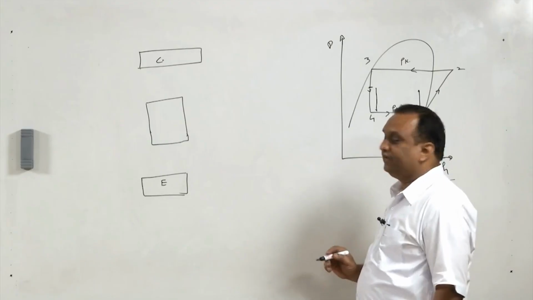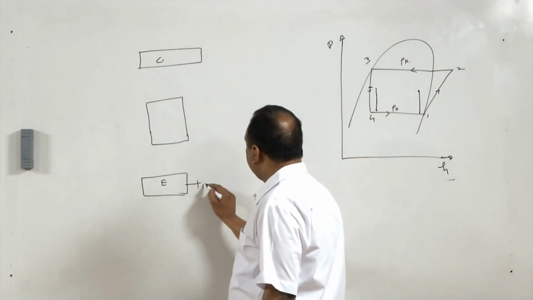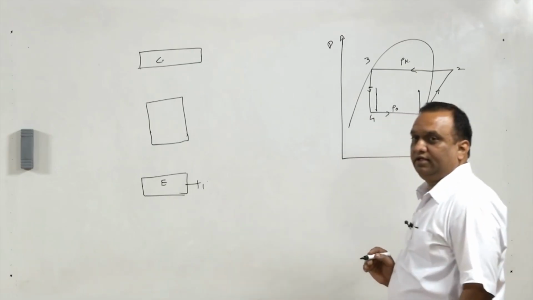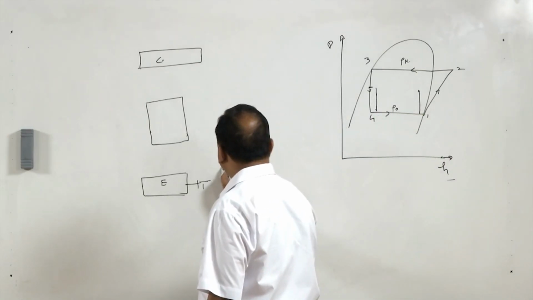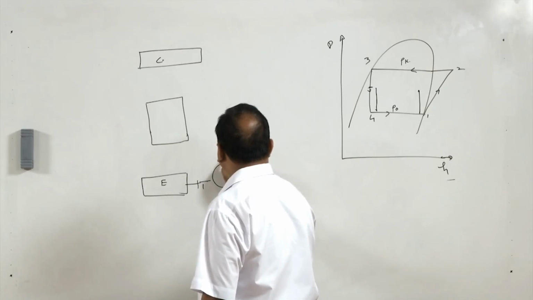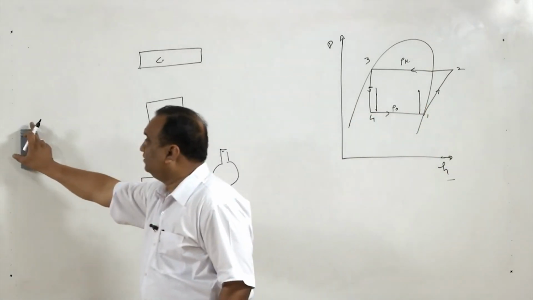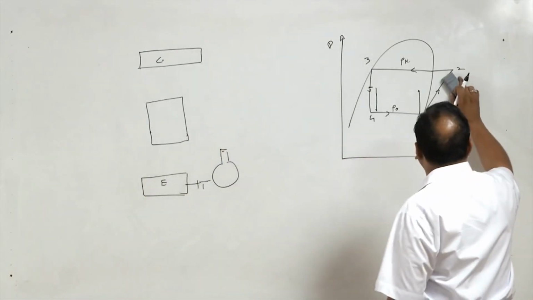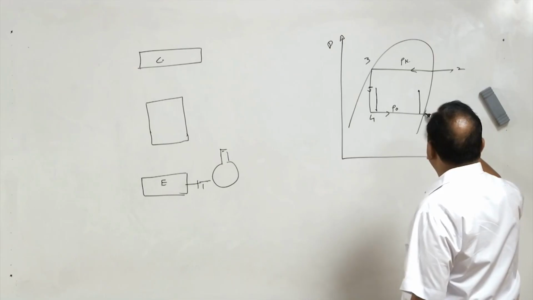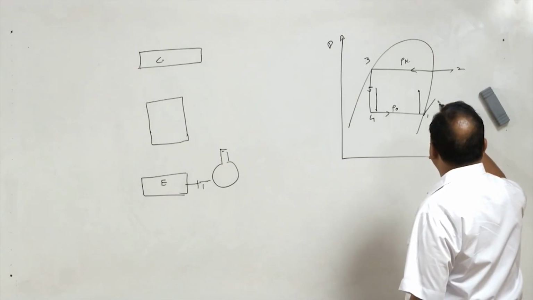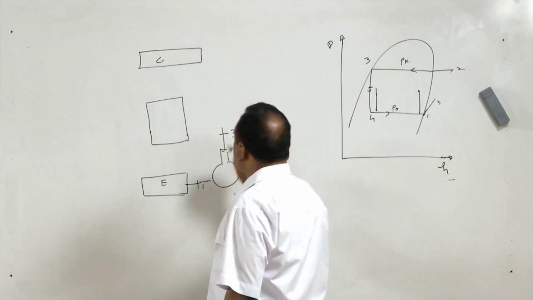Now, vapor emerging from the evaporator at state 1 will get compressed to state 2. Now, it is a multi compression system. It is compressed and we attain state 3.